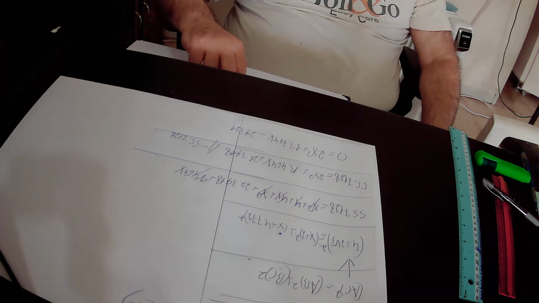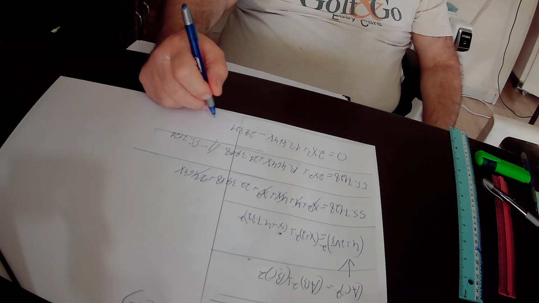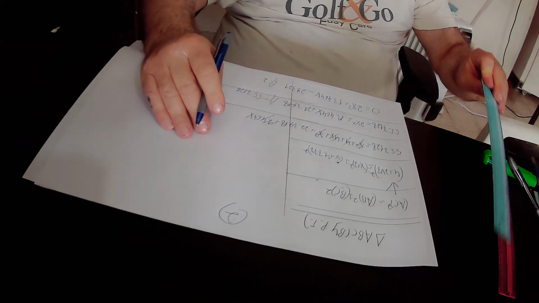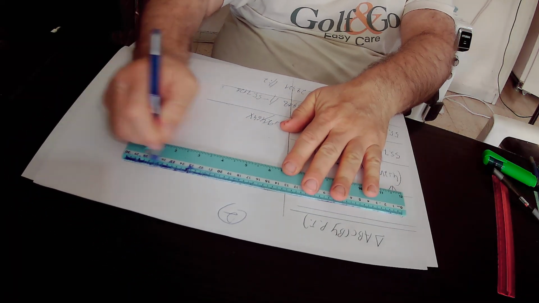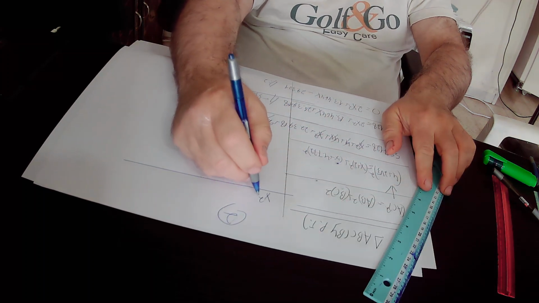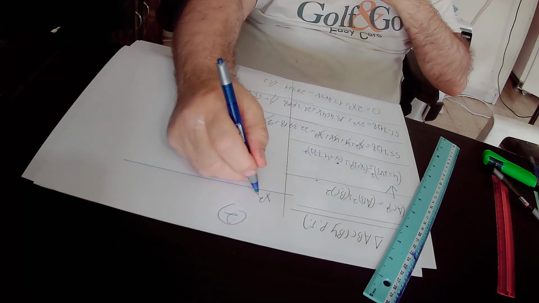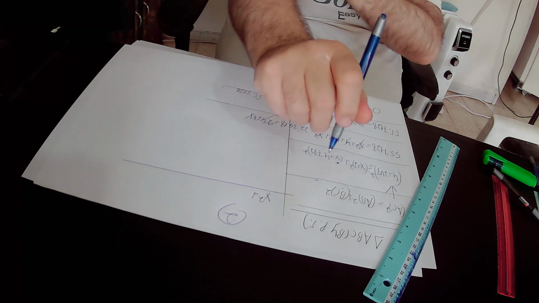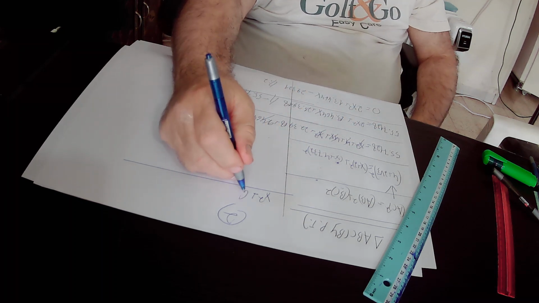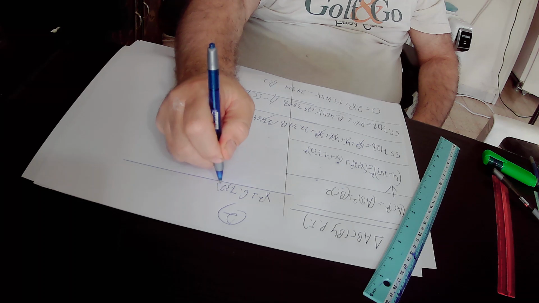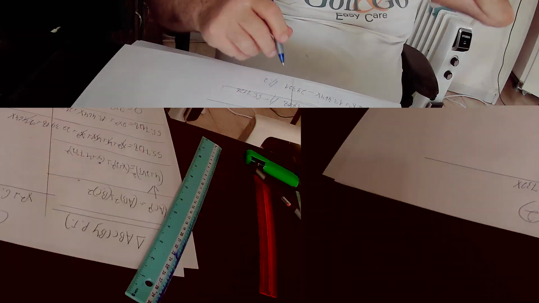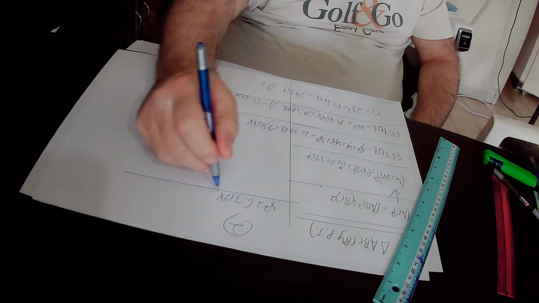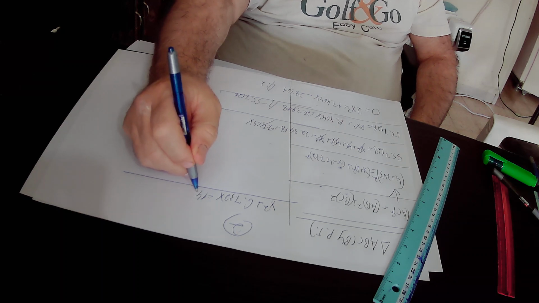Here we divide this quadratic equation by 2, and finally we get that 2x squared over 2 is x squared, and 13.464 over 2 is 6.732x, and we have here minus 29.321 over 2, that is minus 14.66, equals 0.